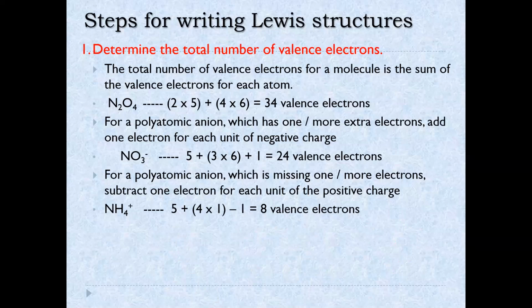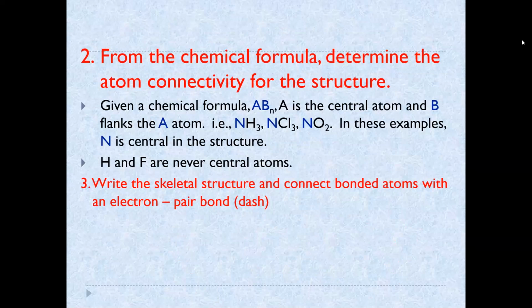The first step in writing the structure is to determine the total number of valence electrons. The next rule is that from the chemical formula, determine the atom connectivity for the structure. So if I have a formula like ABn, you already know that A is the central atom, and you have n number of B surrounding it.